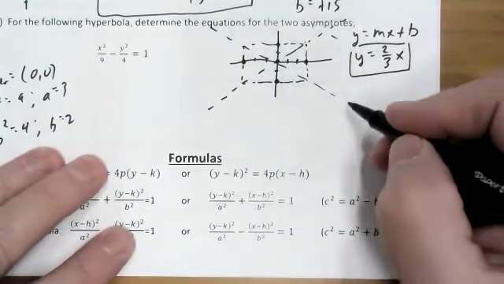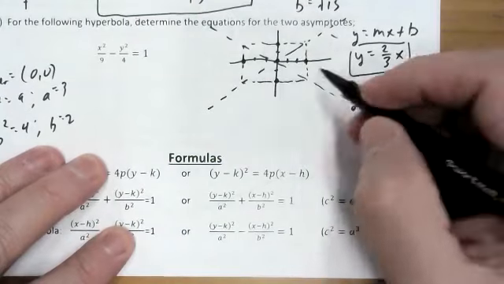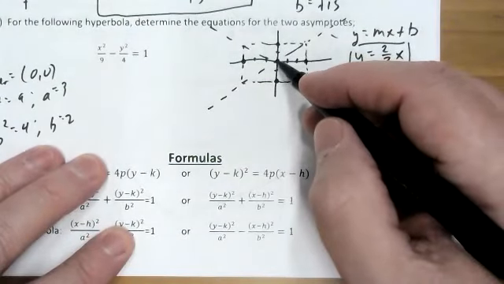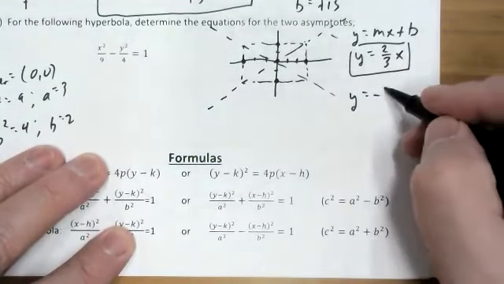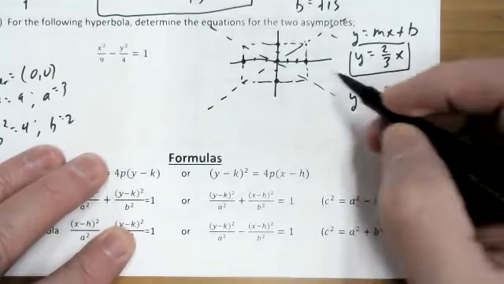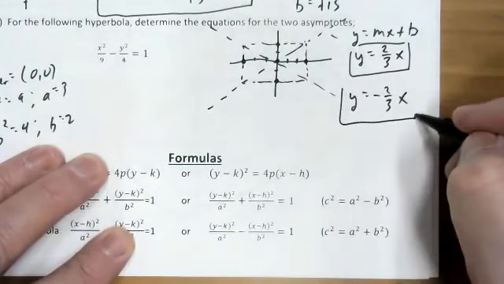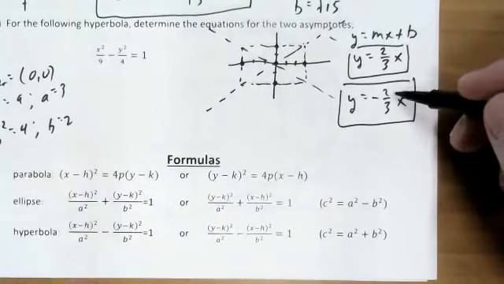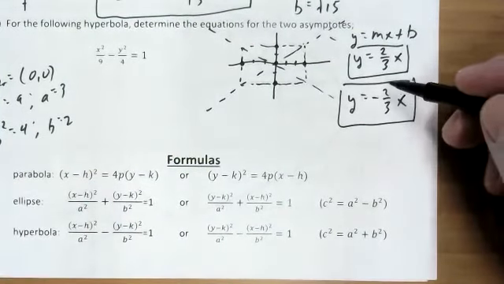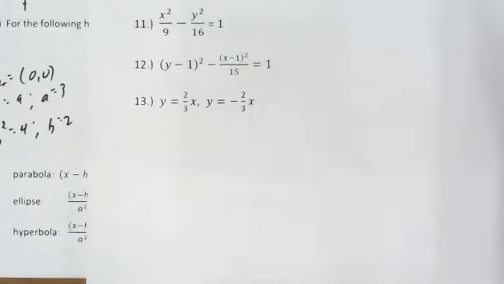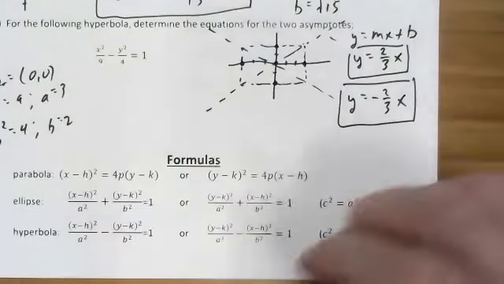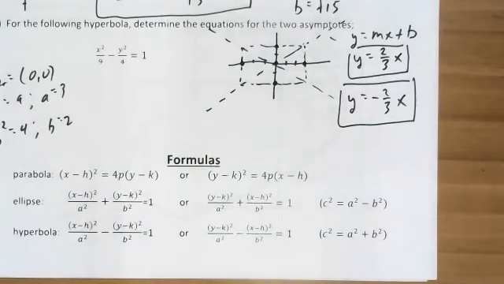For this one, now the slope is 2 over -3, so the slope is -2/3 x. The y-intercept is still 0. So that's how you get the equations for the two asymptotes. All right, so those are the kinds of problems you're going to see on this first test.